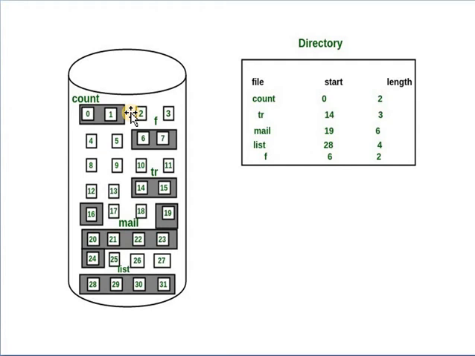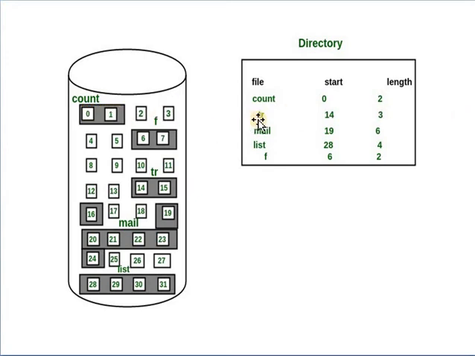The continuous blocks are allocated to store any file in the operating system. The total length of the file count is 2, so two continuous blocks are allocated to the file count, that is 0 and 1.